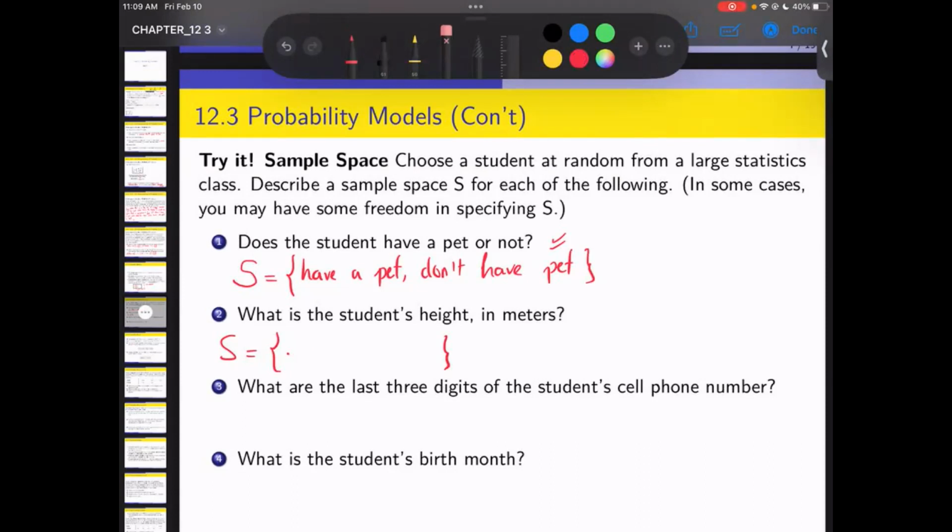Let me start at 0.2 just in case. And then 0.3, 0.35. It's a continuous random variable. So 0.35 all the way to, all right, 2 meters is really tall. 2.5, I think, is a maximum. Let's take a look. Who is the tallest person in the world? See how tall he is.